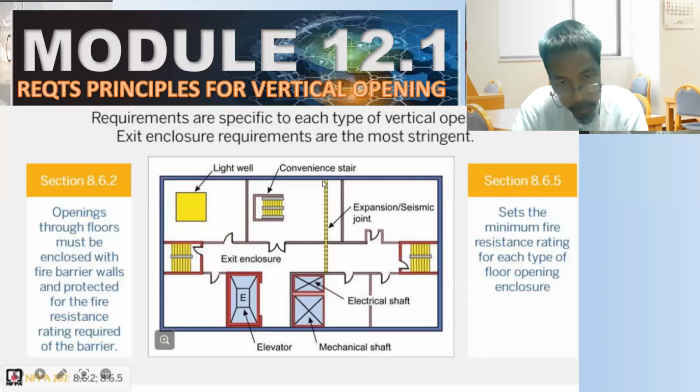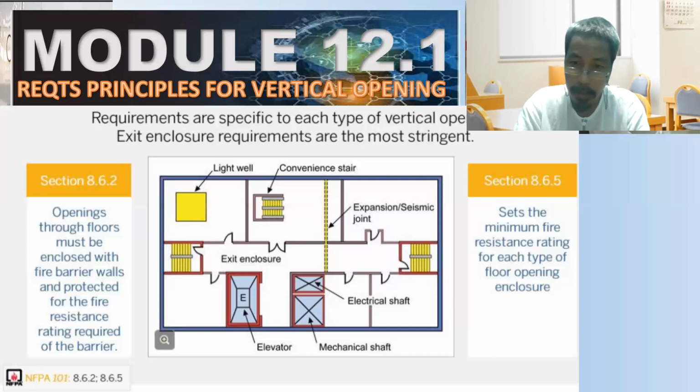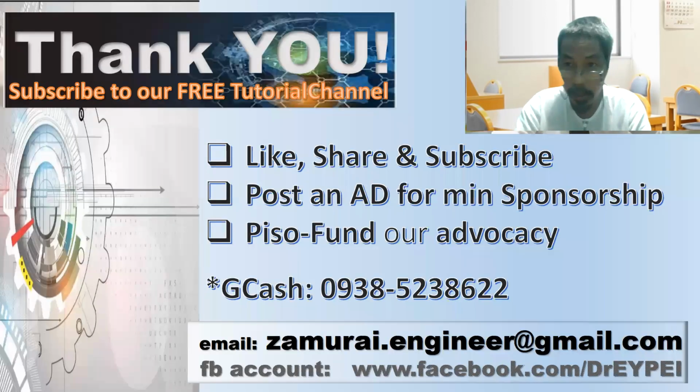And we need to have fire barrier walls on the expansion joint also, in a manner suggested by the code. So that is only a concept. After this discussion of principles, we are now going to the next video.